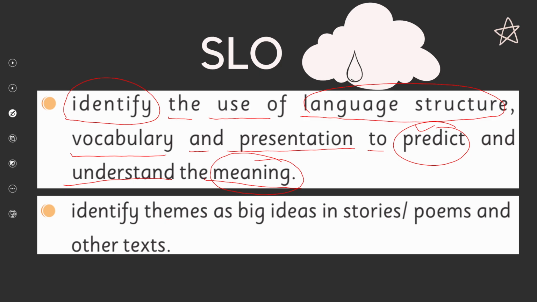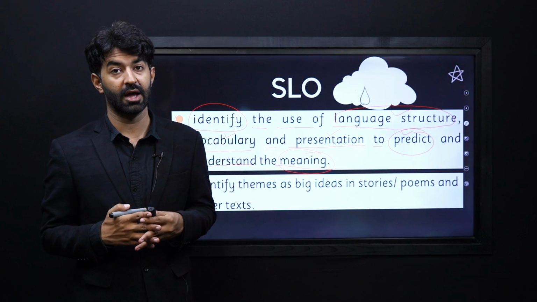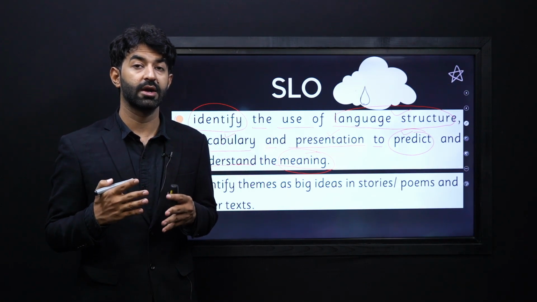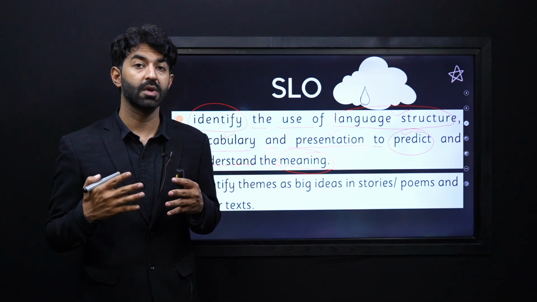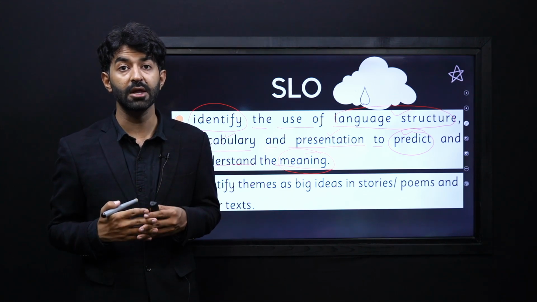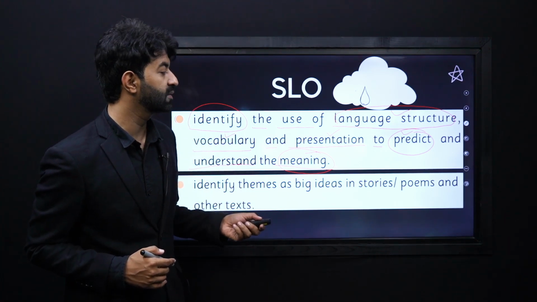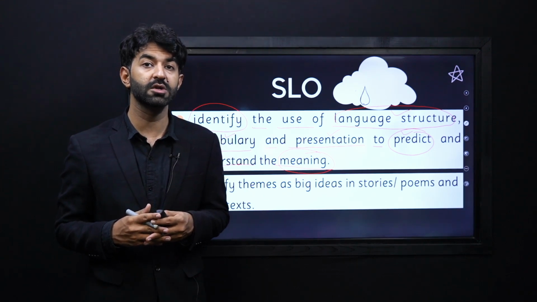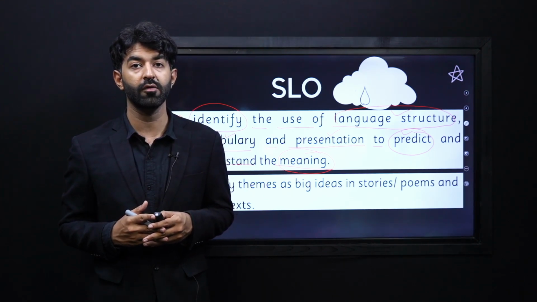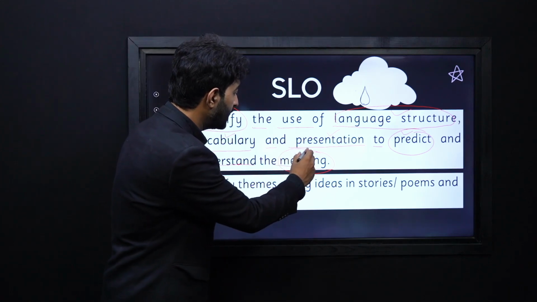We will be seeing three things: language structure, vocabulary, and presentation. All these three things will be analyzed if we want to correctly understand the meaning of any text. So, language structure, vocabulary, and presentation will help us to predict the meaning of any text.